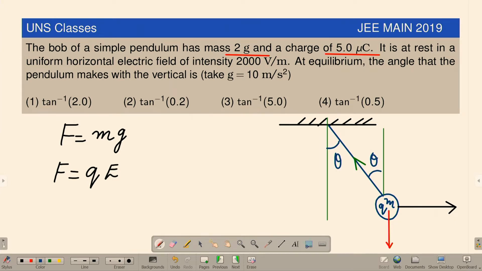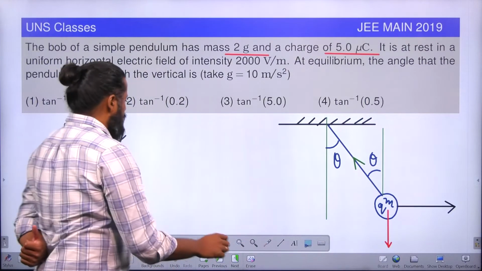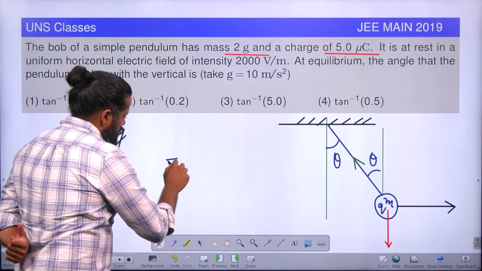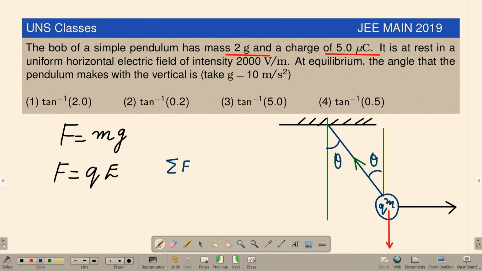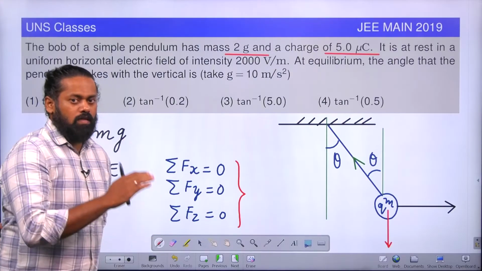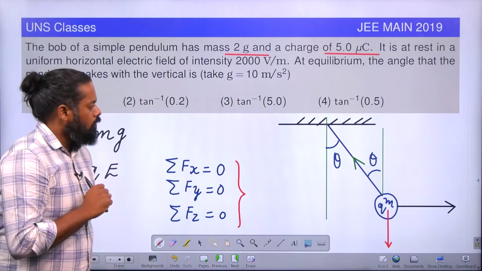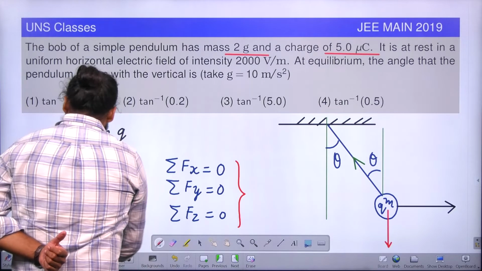What is the condition for equilibrium? When a body is in equilibrium, sigma of Fx should be equal to 0, sigma of Fy should be equal to 0, and sigma of Fz should be equal to 0. If we satisfy these conditions, we can say that the system is in equilibrium.